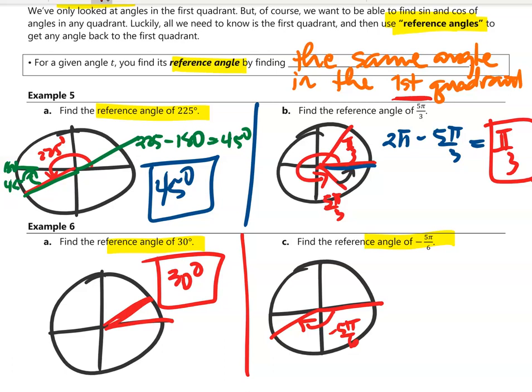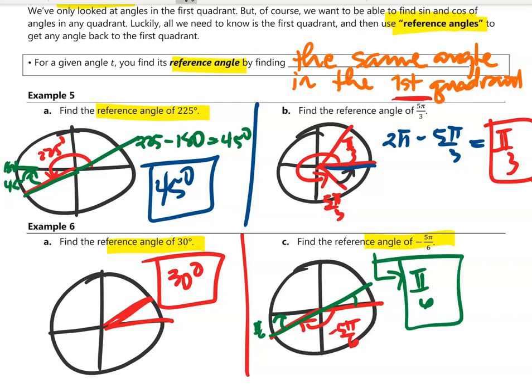The fastest way to the x-axis is this angle, and this angle is pi over 6. So the reference angle, if this is pi over 6, this is also pi over 6. That is the angle in the first quadrant. So the reference angle is pi over 6.